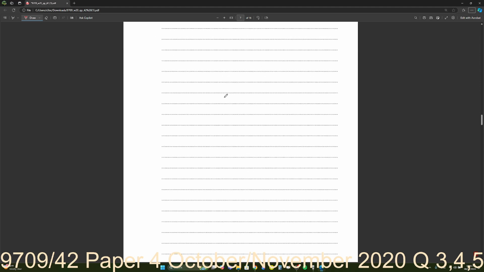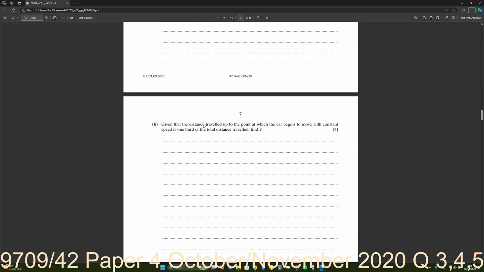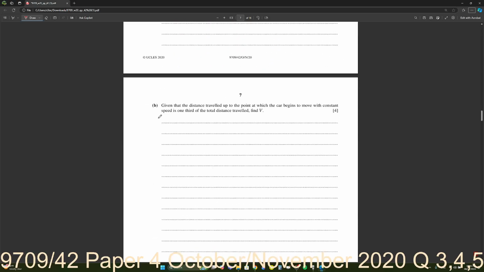So we're going to go back to our graph to help visualize what's going on here. Okay. We're talking about distances and we're talking about a VT graph. You guys should know that in a VT graph, distance is equal to the area under the VT graph, right?